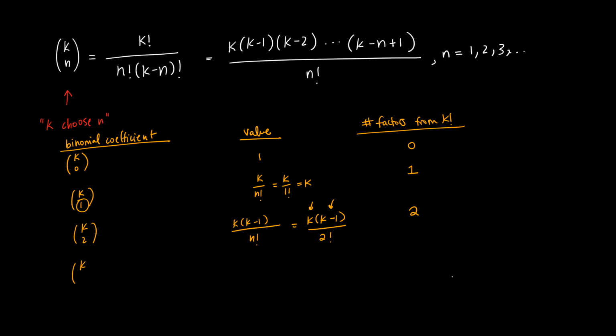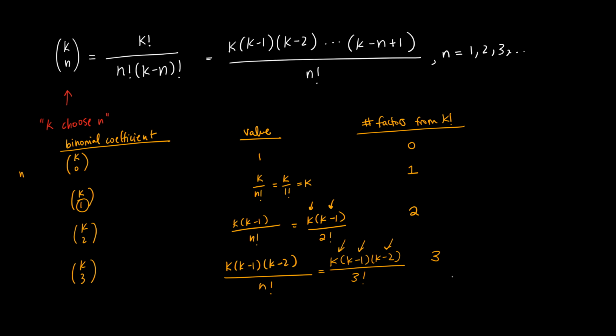What if we did k choose 3? Now we're going to have k times k minus 1 times k minus 2 over n factorial, which equals k times k minus 1 times k minus 2 divided by 3 factorial. And now you have 3 factors from the k factorial expression.